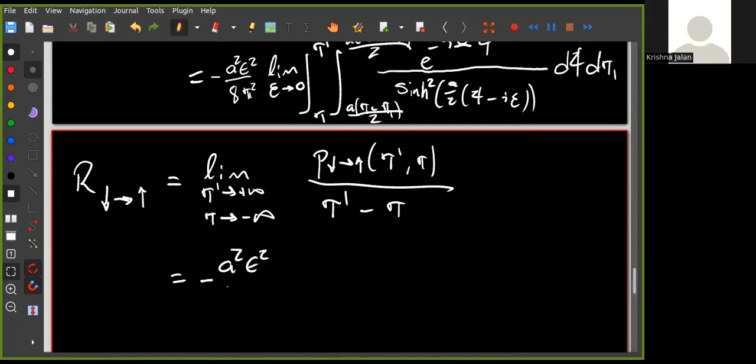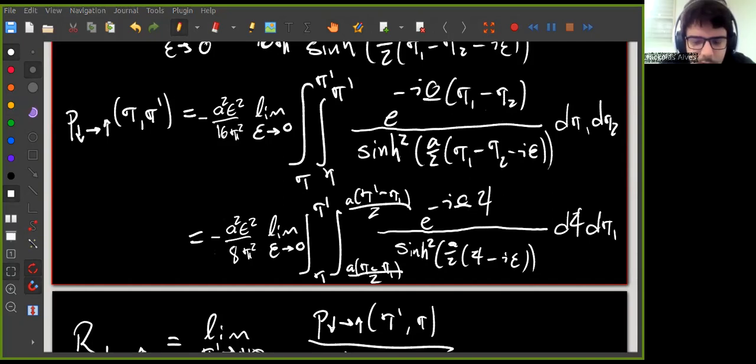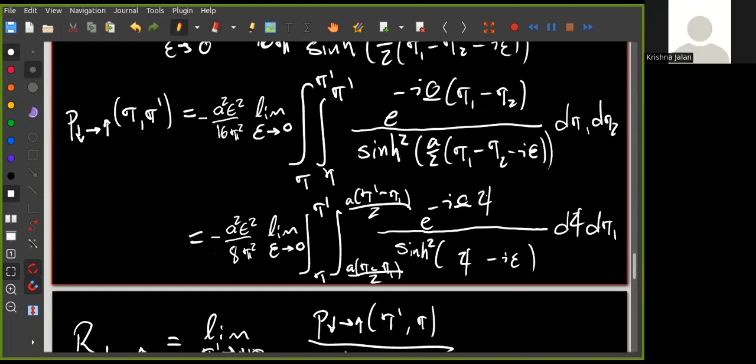This becomes simply a square. The definition of psi was tau 1 minus tau 2, right? So why did the limits get a factor of a? Let me check. Also, I think there would be an overall minus sign, which cancels out. Sorry, it is actually a over 2 times tau 1 minus tau 2. Right. Nice catch.